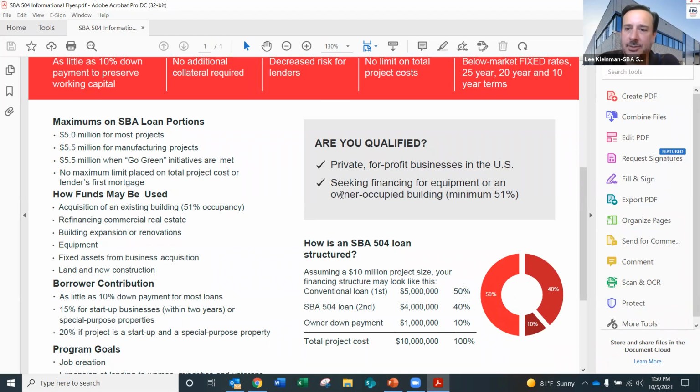Then we analyze the personal side of the equation. We look at their personal income, wage income from the business, rental income from properties, and we look at their personal debts. And there's either going to be an excess or a deficit. If they're negative on the personal side by 50 grand a year to cover their personal nut, we're going to ding the business cash flow 50,000.